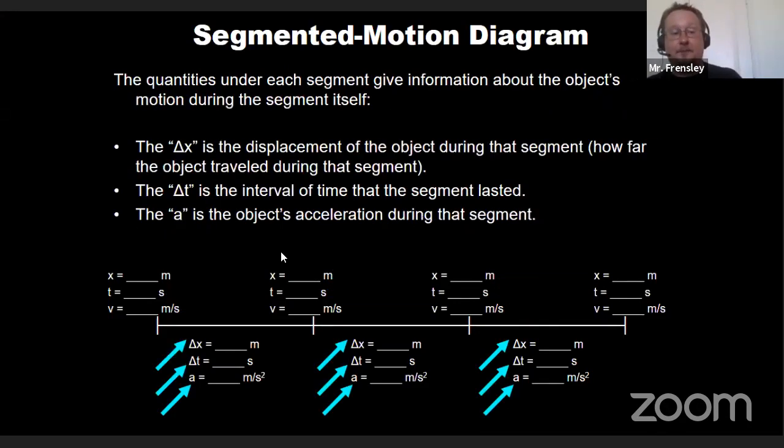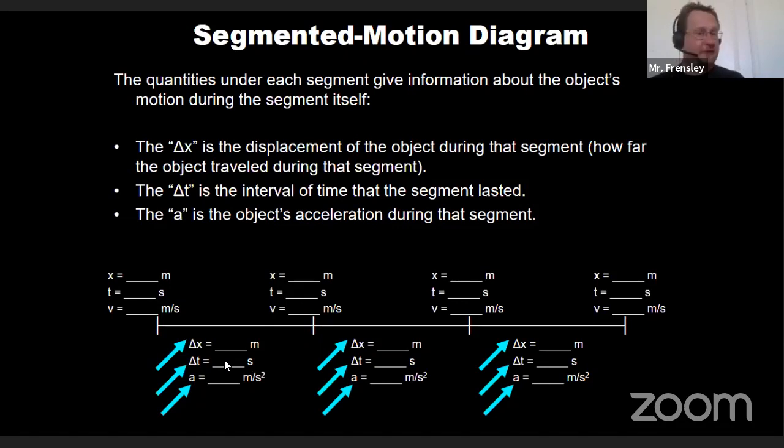Now, on the bottom, you'll see these numbers that tell us about what happens during a segment. So the top numbers are about what's going on when the segments change over. But on the bottom, this delta X: how much distance or displacement did you cover during that segment? Whatever this delta X number is, it's literally the difference between the X at the end and the X at the beginning. So if the final X is 100 and the initial X is 80, then delta X will be 20.